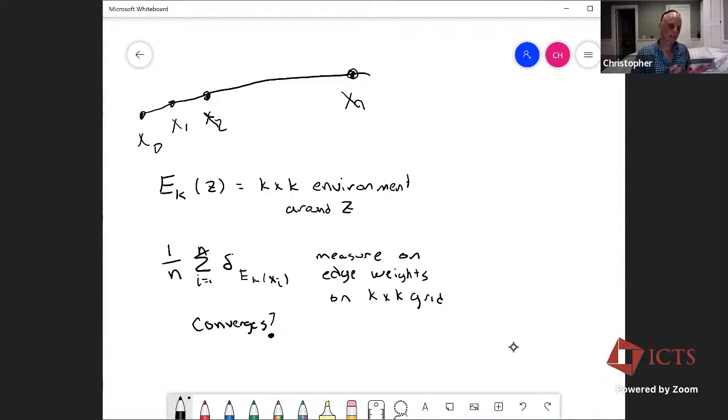And this will give me a measure witnessed along the geodesic. I don't know that this converges, but I can construct subsequential limits. And then the question is, can I construct multiple subsequential limits?